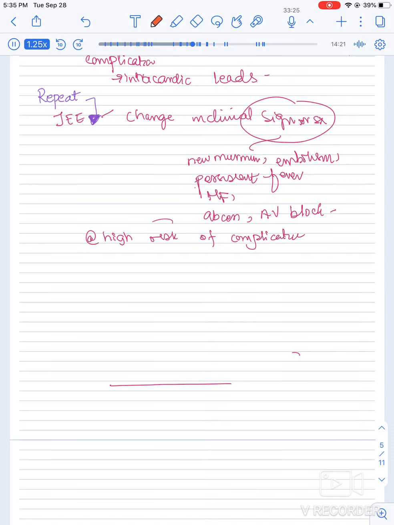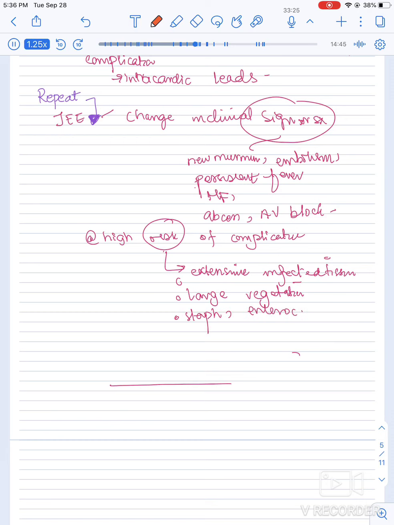And the patients at high risk of complications, those patients include if they have extensive infected tissue, large vegetation on initial echocardiogram, or if they have staph, enterococcal, fungal infection.